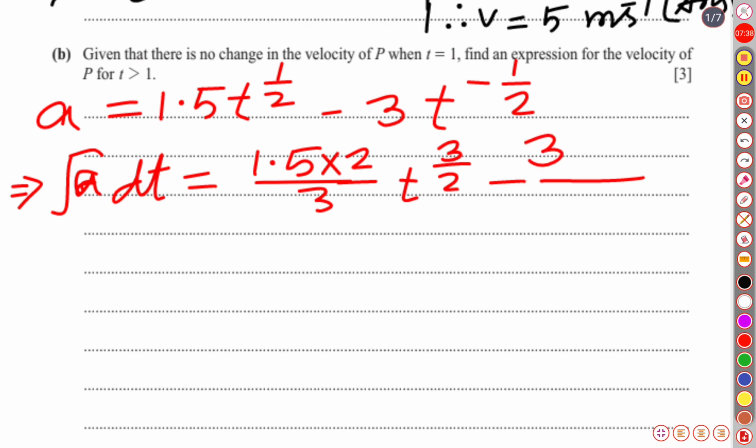If we take the reciprocal of half, it is 2. Then the exponent of t is half, which means it is square root. Well, we will not forget to write the constant number.